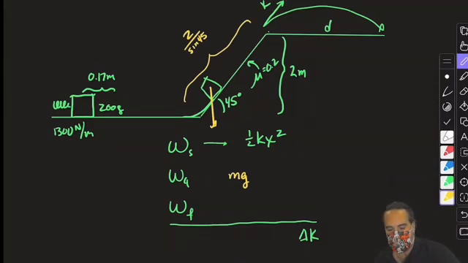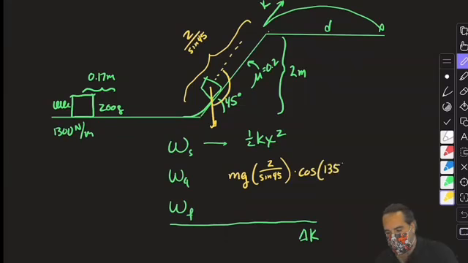Okay, so 2 divided by the sine of 45. Now I have to multiply by the angle between the weight and the displacement, which is this angle. And that is 135 degrees. Gravity is going to do negative work on the block. It's going to slow it down, taking energy from the kinetic energy.